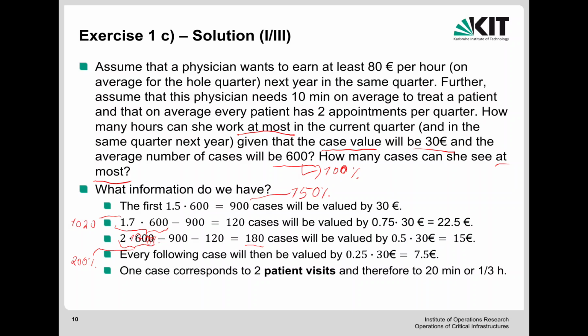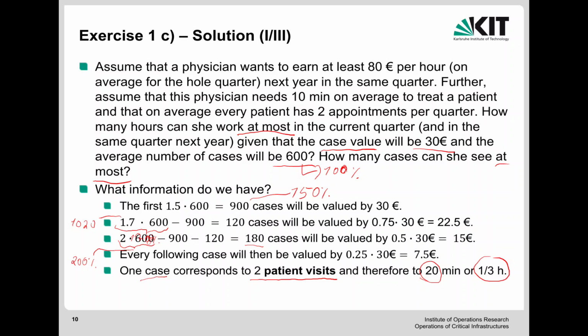One important part is that we have to understand that one case corresponds to 2 patient visits. One case is one patient, but we have 2 patient visits and each requires 10 minutes of treatment. So on average one case needs 20 minutes, or in hours, because she's interested in euros per hour, 1/3 of an hour to treat one case in a quarter.